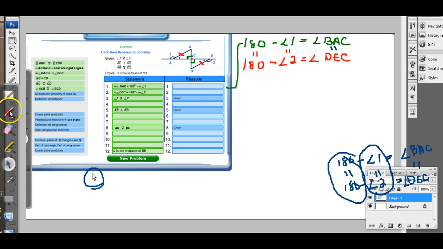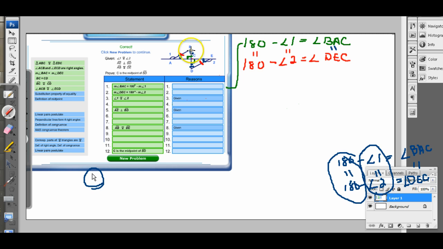So if those are equal, then by angle, angle, side, and here we have angle, angle, side, by the angle, angle, side theorem, the two triangles are congruent. And since the two triangles are congruent, their corresponding parts are congruent, and BC here corresponds with CD, so they must be congruent.